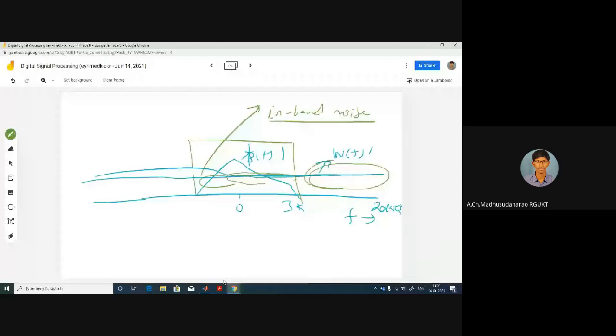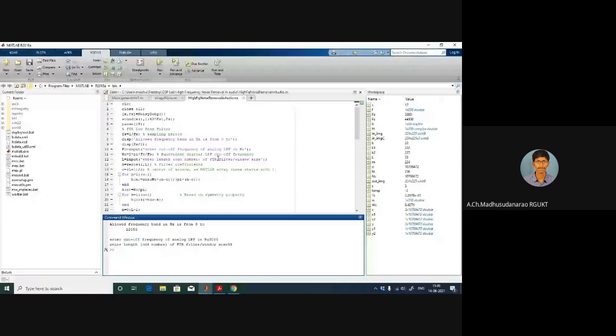That's what we are going to see in this. I'll try to play this. 0 to 20 kilohertz, some noise is added to our song, and I'm going to play that song. I'm just running this program.